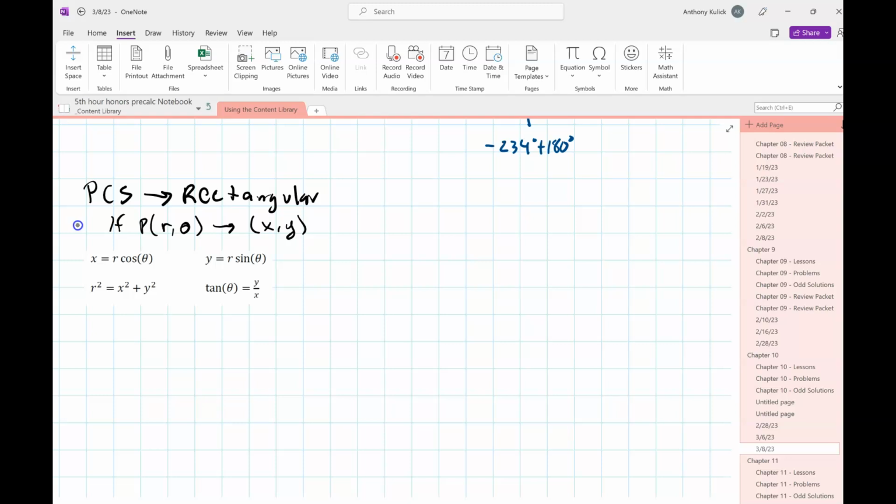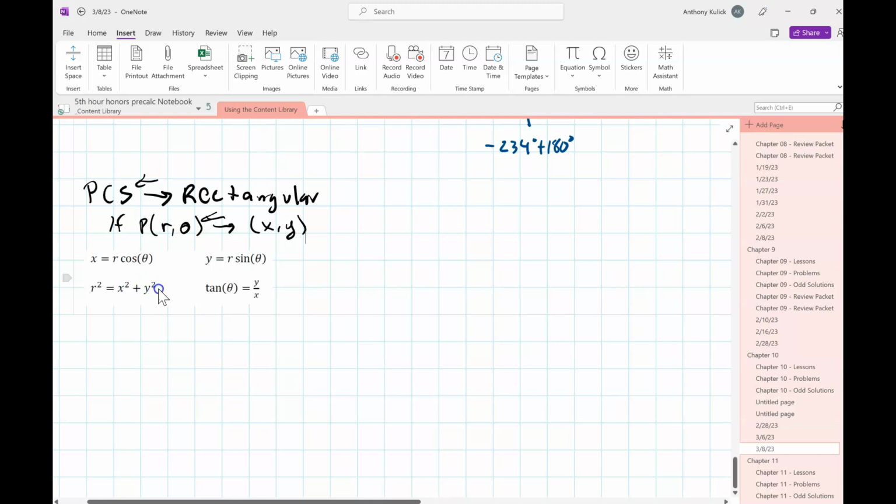So going back and forth here, because I have both. To go from polar to rectangular, I translate my x by doing r cosine theta, and my y is r sine theta.